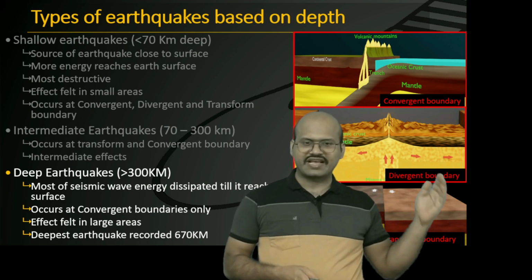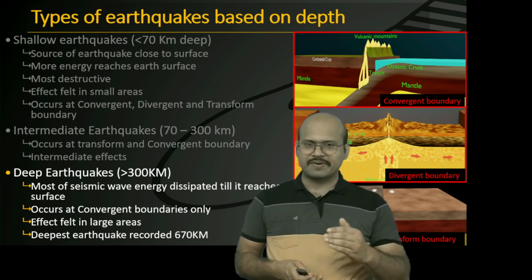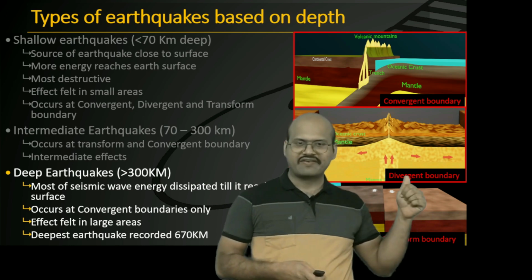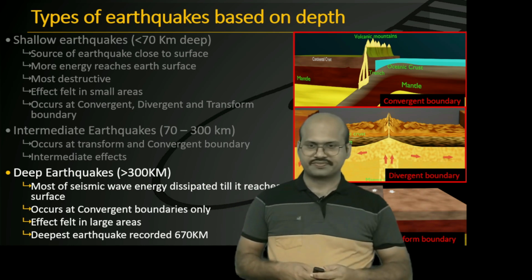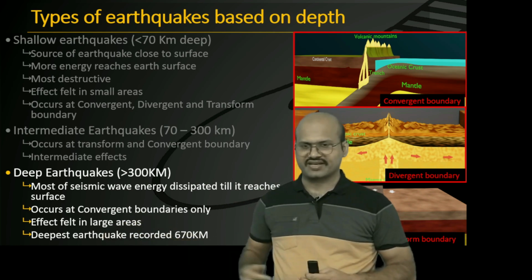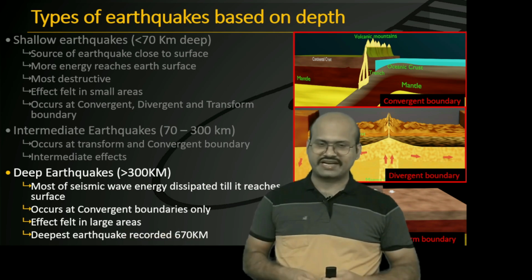In the divergent as well as transform boundary, we do not see tectonic plates in the deeper parts of asthenosphere. Therefore, no deep-seated earthquakes is possible at divergent and transform boundaries. Effect of these earthquakes can be felt in larger areas. The deepest earthquake recorded is 670 km, that is almost from the starting point of inner mantle.